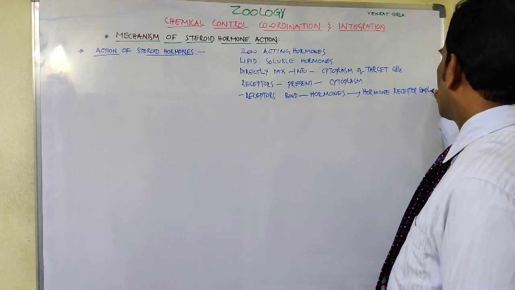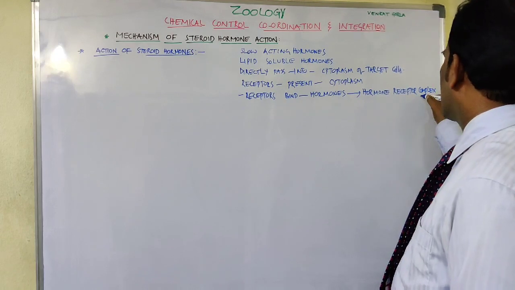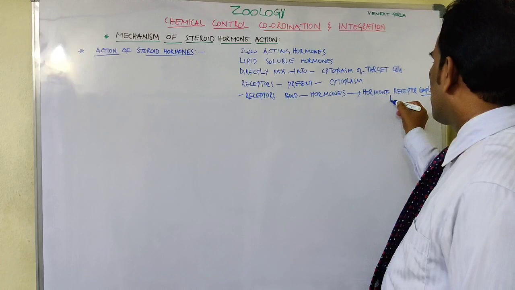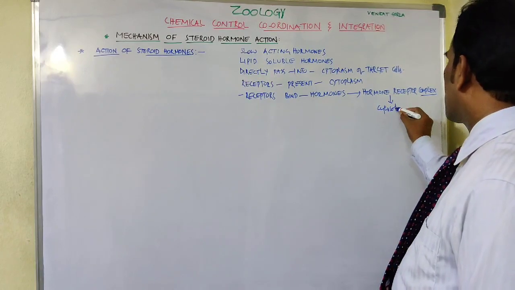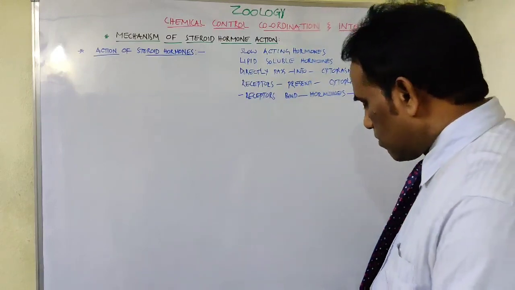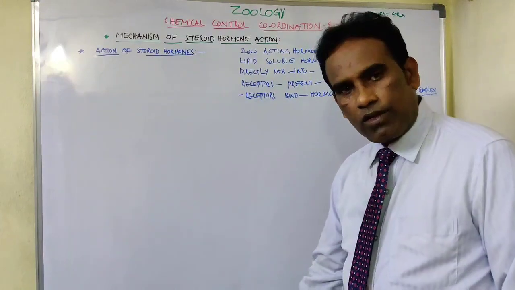This hormone receptor complex is formed in the cytoplasm or cytosol of the target cell.